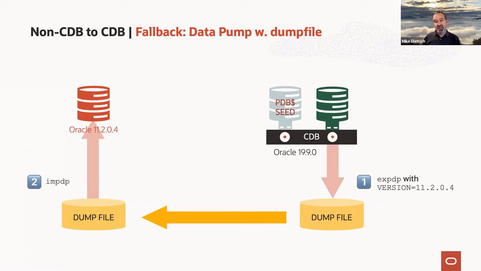The key trigger here is that you have to say VERSION equals the format you would like to import to. So in my example, I would like to go from 19.9 to 11.2.0.4. So during export, I say VERSION=11.2.0.4, and then it has the right format my 11.2.0.4 database understands when I import afterwards.